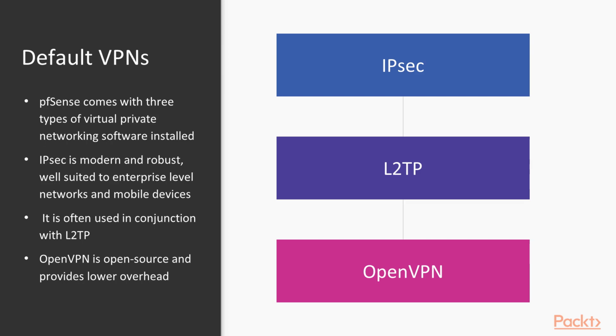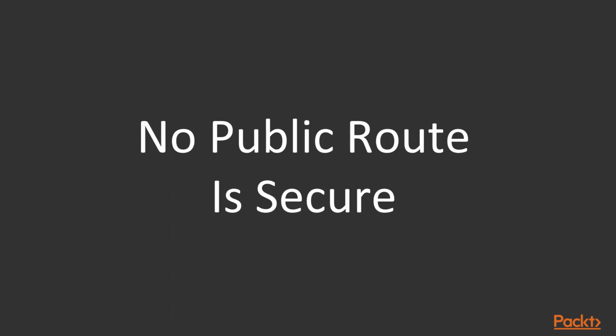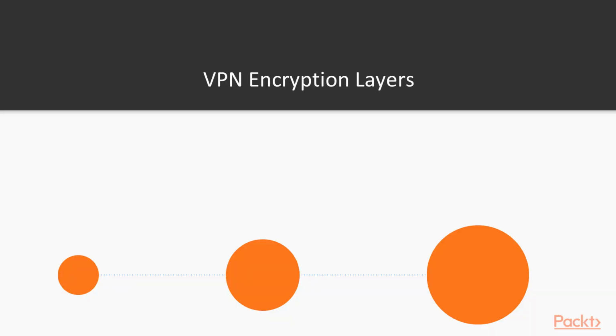It is important to again remember that the internet and public routing of traffic is inherently insecure, and there is no way to send traffic unencrypted across a public route and consider that to be secure. So how do we secure that traffic?